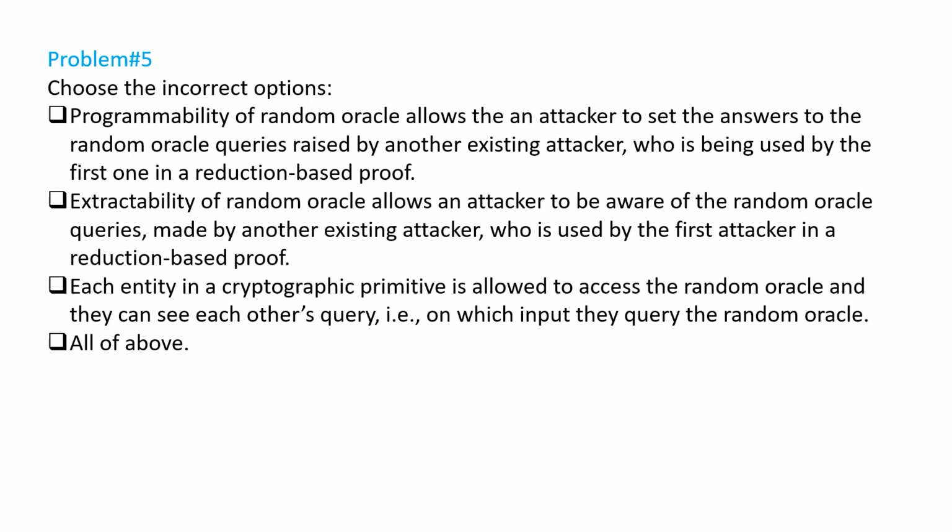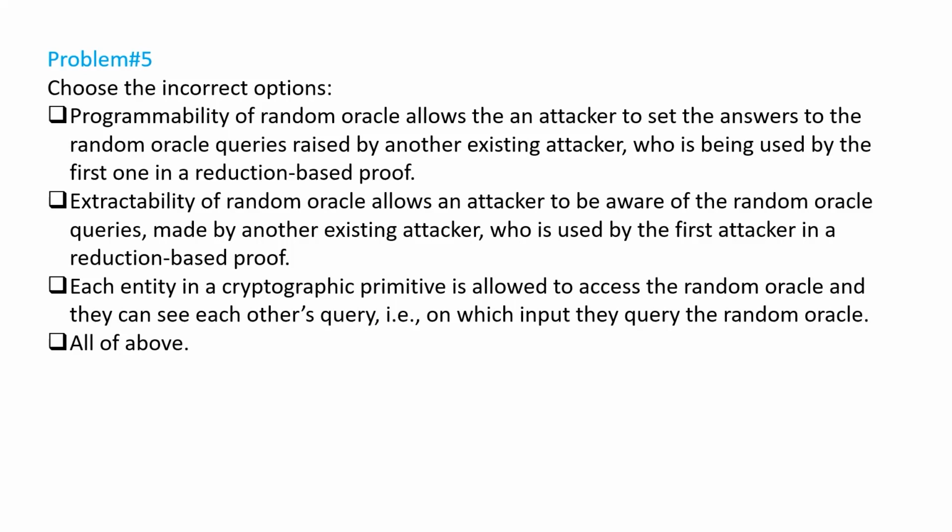So basically, using that attacker, you show an attack on the hard primitive, and then by contradiction, you conclude. Let me be clear. Say pi is some primitive that you are trying to prove to be secure, and its security is based on some other primitive, say pi dash.